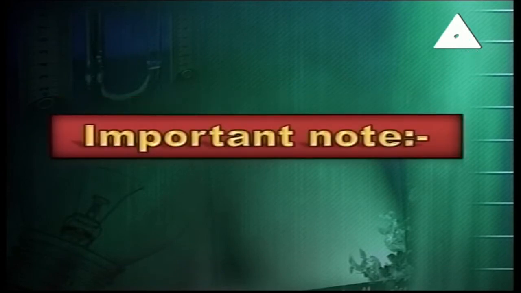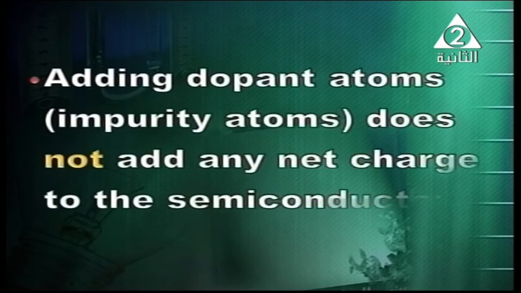We've got something important here. Your attention, please. Adding dopant atoms, impurity atoms, does not add any net charge to the semiconductor. This is very important. So n-type semiconductor is still neutral. Let me say it again: adding dopant atoms does not add any net charge to the semiconductor.